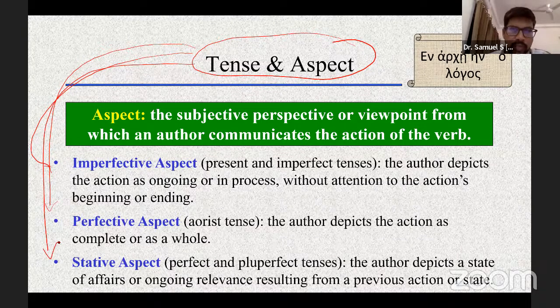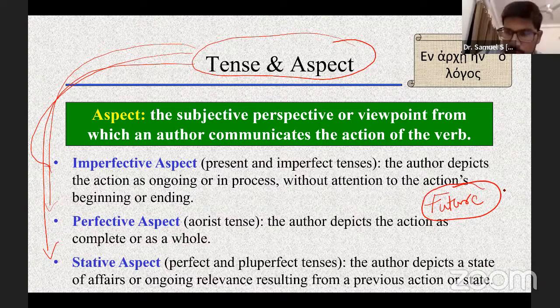Three aspects and five of the tense forms. You can see the one missing in these tense forms is the future tense form. Now, the future tense form is again hotly debated and talked about. But for now, we'll just say the future tense form is communicating a future action, whether it is unfolding or as a whole or all of that. That's for level 2.